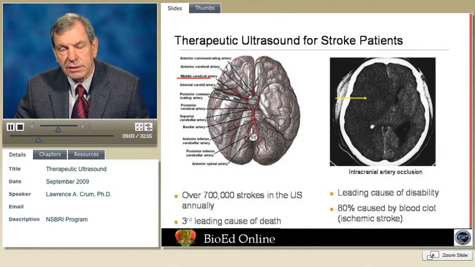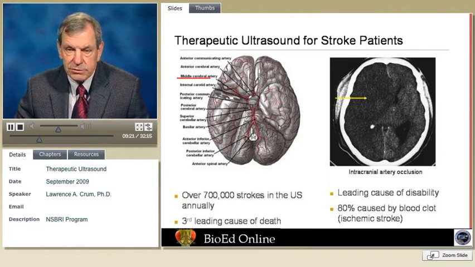Let's talk about an application of ultrasound in a very important clinical problem. The leading cause of disability in the United States is ischemic stroke, or strokes in general. 90% of the strokes are ischemic strokes.